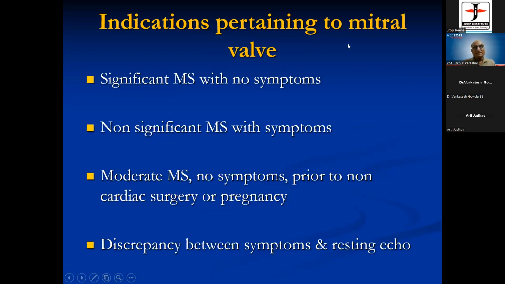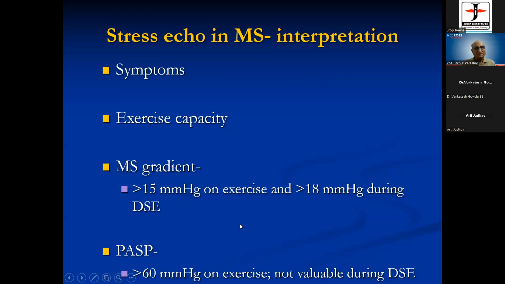So in mitral valve, significant MS with no symptoms. Why? Non-significant MS with symptoms, moderate MS with no symptoms but prior to non-cardiac surgery or pregnancy. And the main thing is when there is a discrepancy between the symptoms and the resting echo, then we do this. Now, how do you interpret it? You see symptoms.